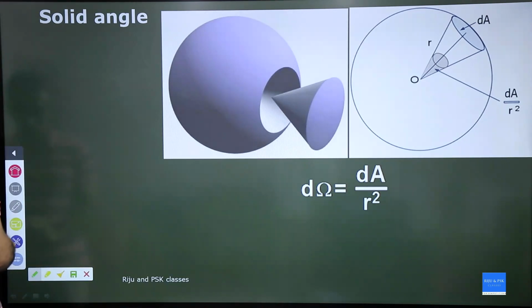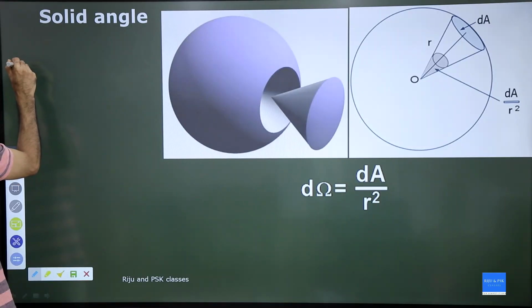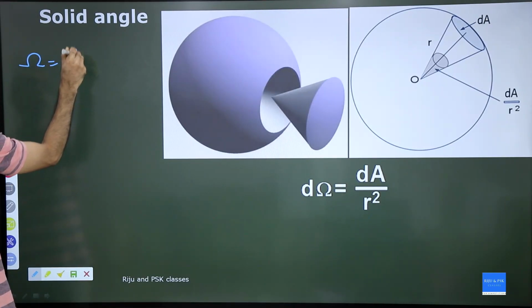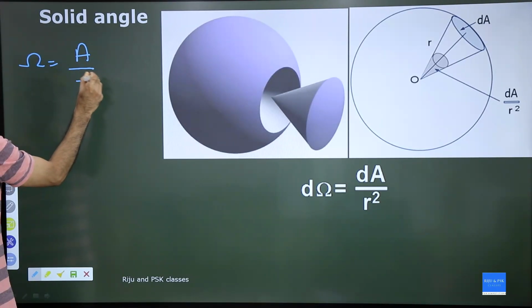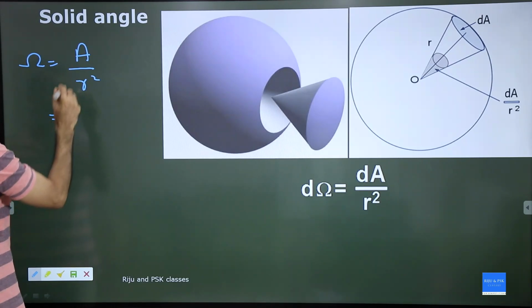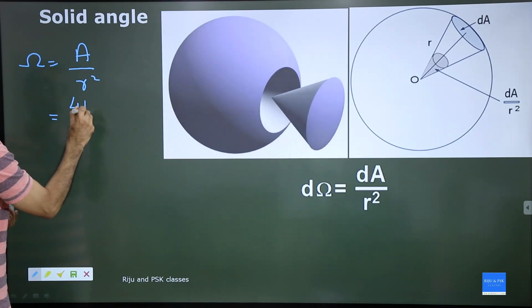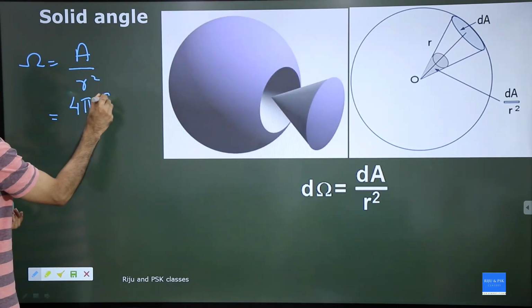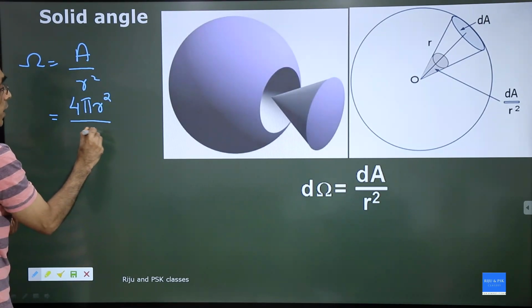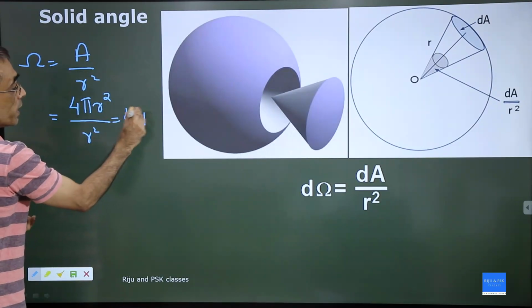So if I want to define it again, omega is equal to area divided by r square. What is the largest area of that cone that is possible? That is the whole surface area of the sphere. 4 pi r square by r square will give you 4 pi.